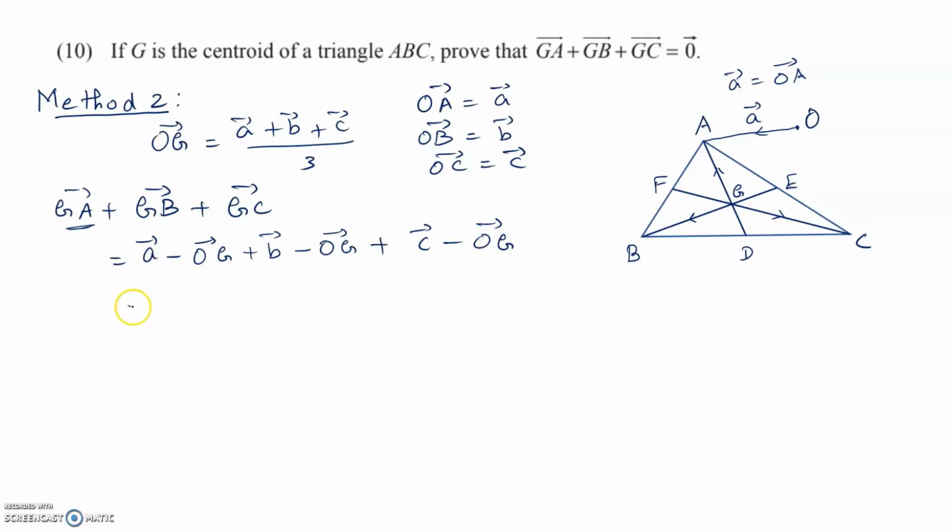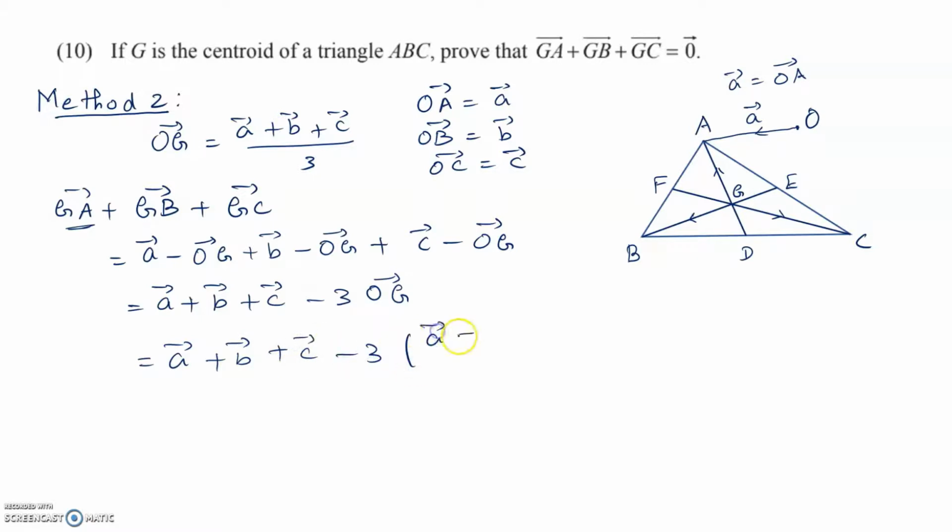So further simplifying this, we get vector A plus vector B plus vector C minus 3 times OG vector. Now further substituting the value of OG vector from here, we can say vector A plus B plus C minus 3 times vector A plus B plus C over 3. 3 and 3 will cancel.